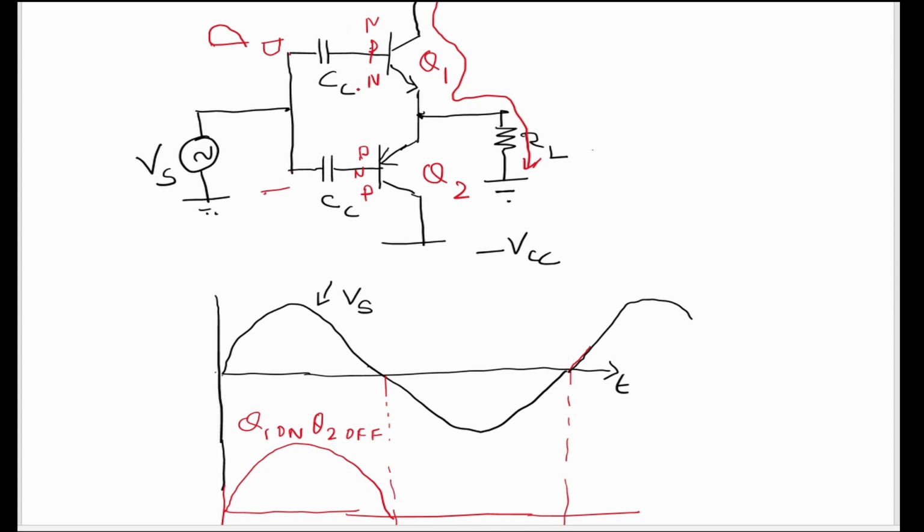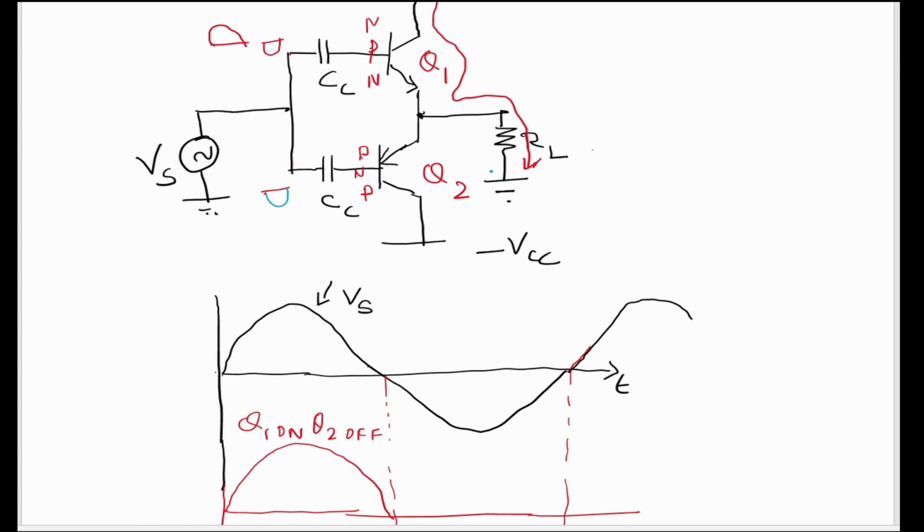During negative half cycle, this point is negative. Since this is NPN transistor, Q1 will not conduct, and during negative cycle, this is PNP transistor, we are giving negative voltage to the base, so Q2 will be conducting because its base is N-type semiconductor. So when you give negative voltage, Q2 will be conducting.